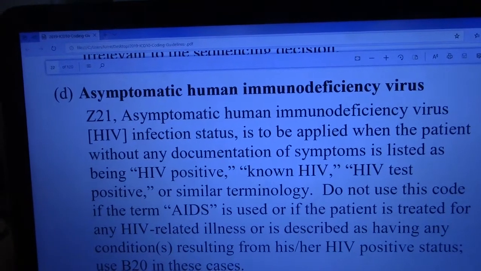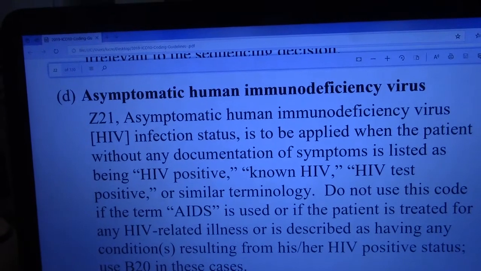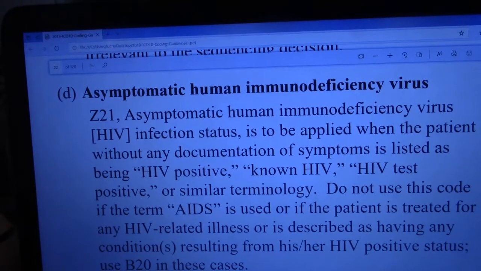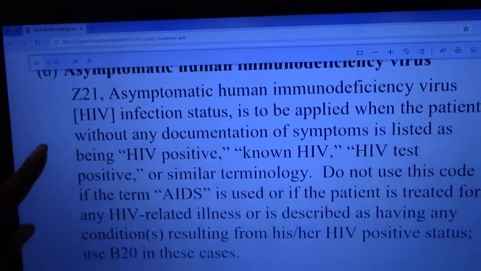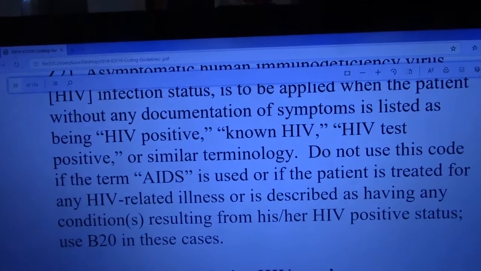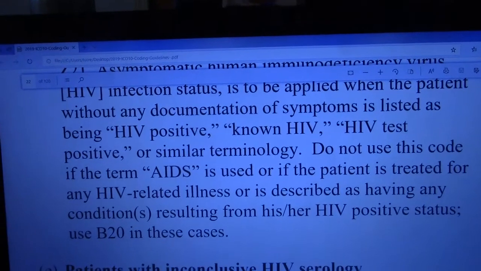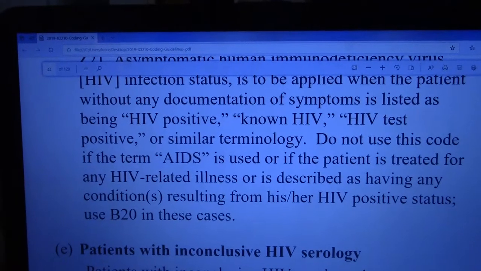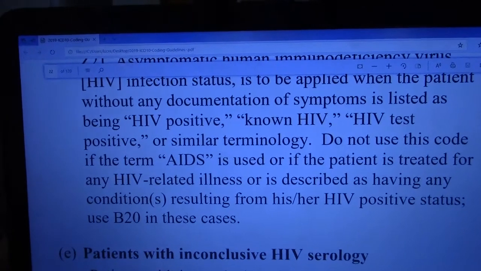Do not use this code if the term AIDS is used or if the patient is treated for any HIV-related illness or described as having any condition resulting from his or her HIV positive status. Use B20 in these cases.